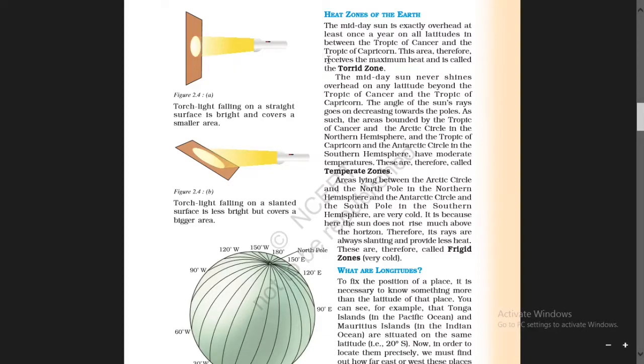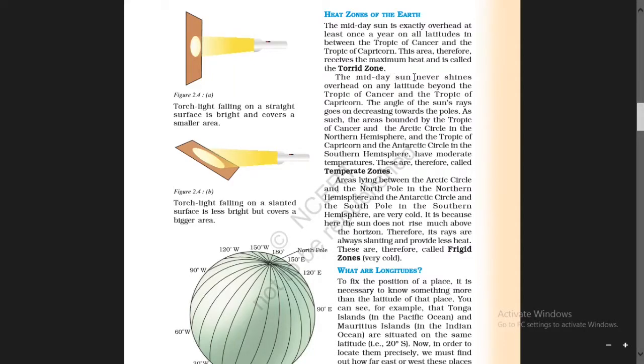This area therefore receives the maximum heat and is called the torrid zone. What is the torrid zone? The area which receives the maximum heat is called the torrid zone.